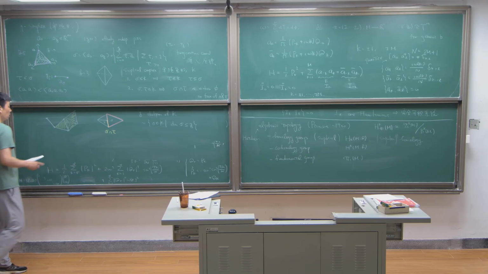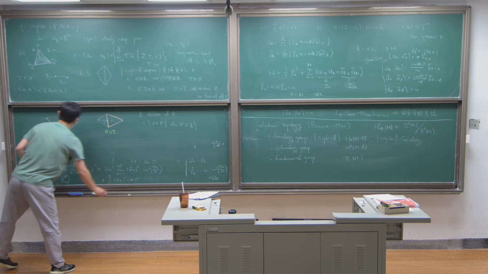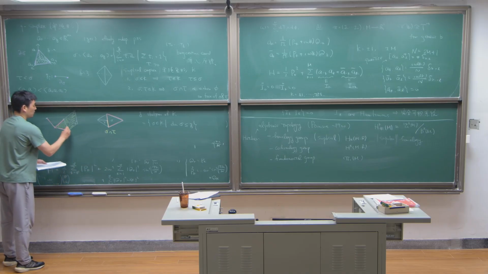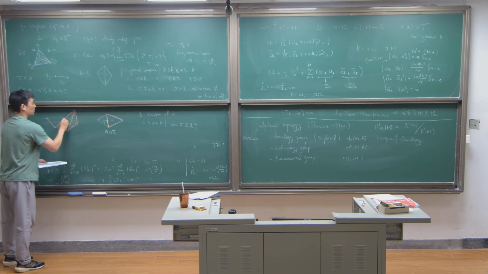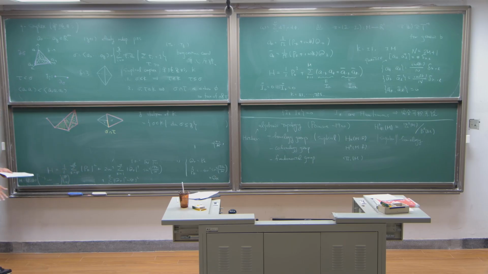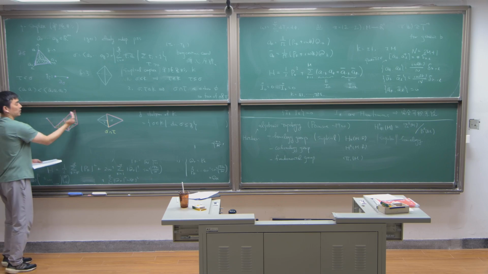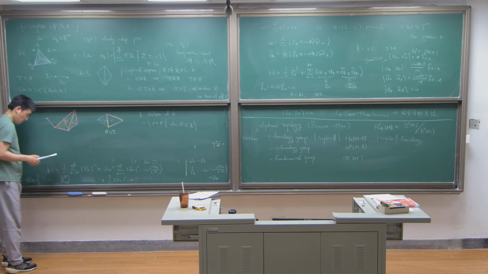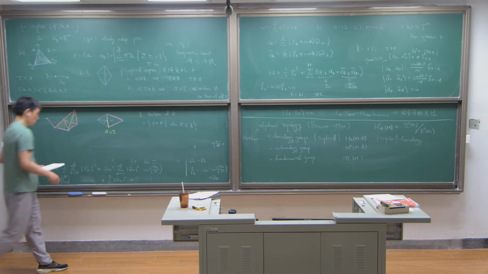For instance, in this example, the one-skeleton is this one and this one, this one, this one, and this one. These are the one-skeleton. And the two-skeleton is these faces and so on, including this red one. So those are skeletons.